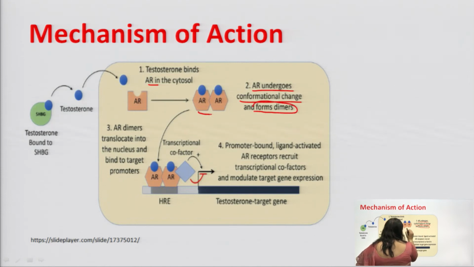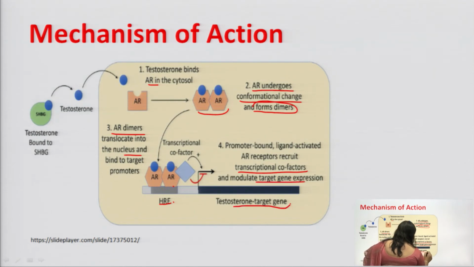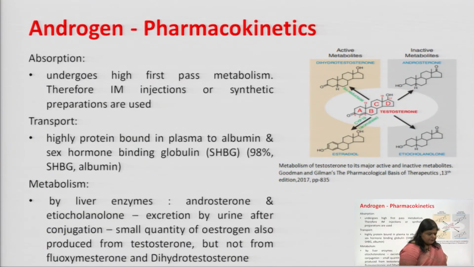Dimer means it becomes two. Then these dimers translocate into the nucleus and bind to the target promoters, which are called the HRE, and this then causes transcription or gene expression, and that is how the action of this testosterone is produced. So they belong to the family of nuclear receptors.